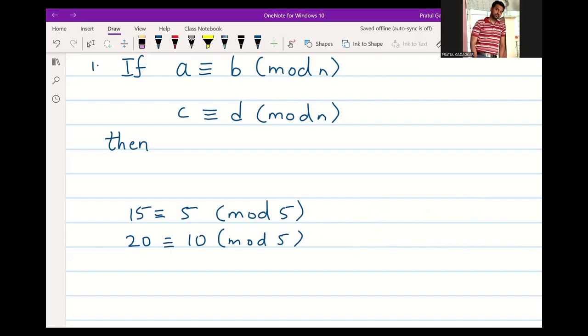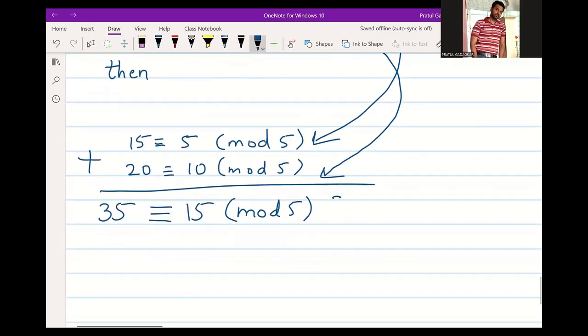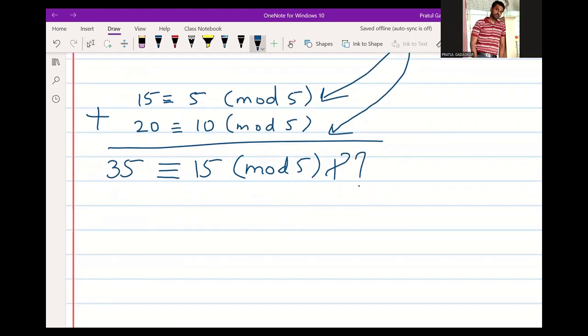Now, can we just add these two congruences? 15 plus 20 is 35 and 5 plus 10 is 15. So is 35 congruent to 15 modulo 5? Does 5 divide 35 minus 15, that is, does 5 divide 20?